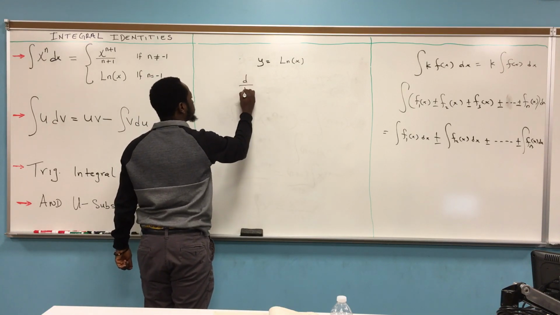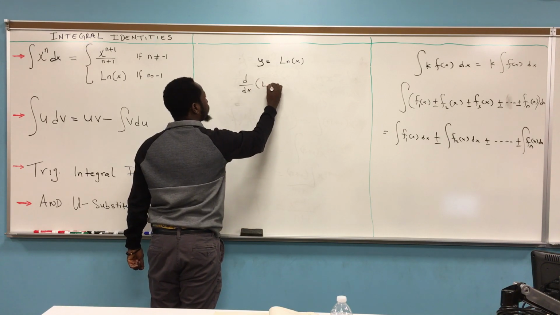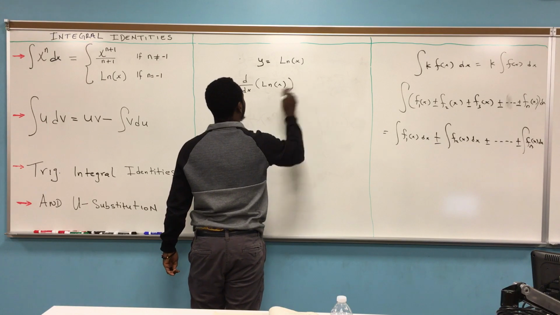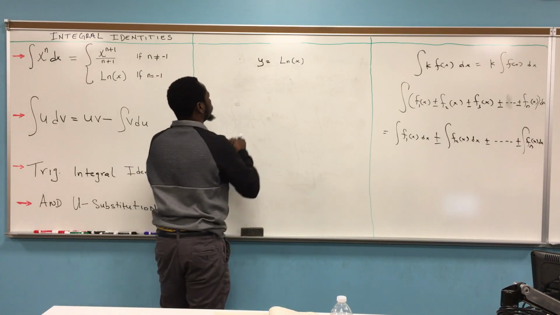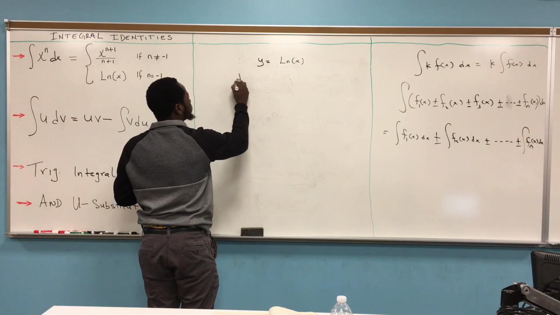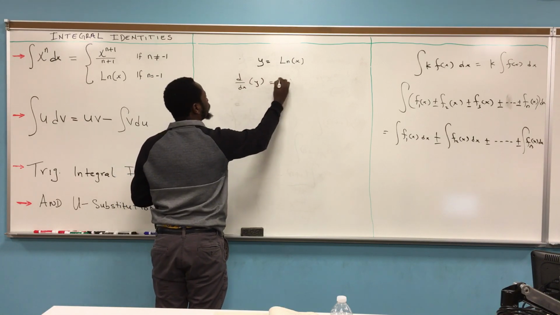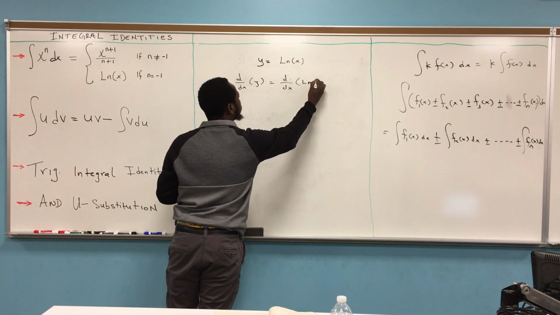That means the derivative with respect to x of natural log of x, never mind, that's not how I want to do it. So we want to find the derivative of y, which will be the derivative of this portion, natural log of x.